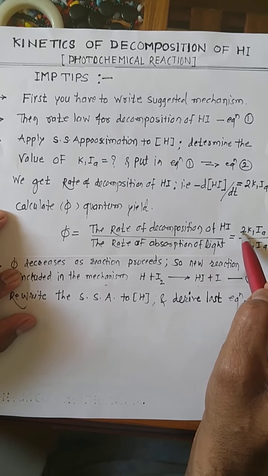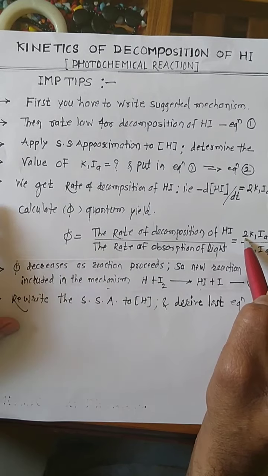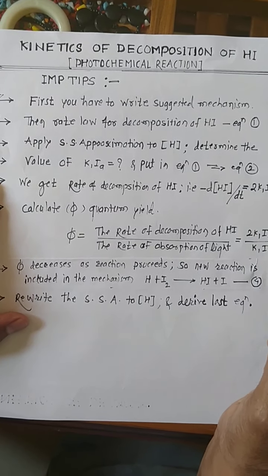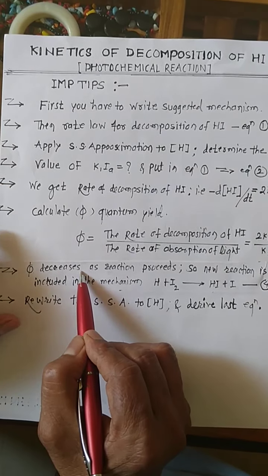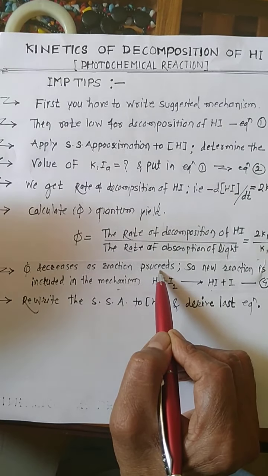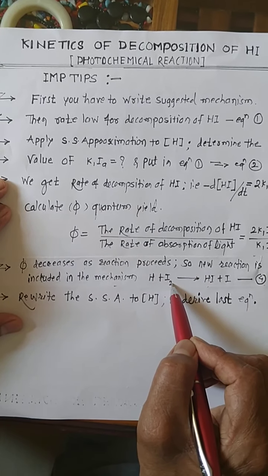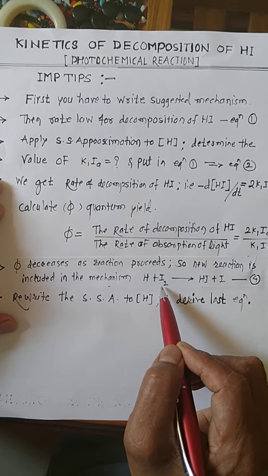K1 IA gets cancelled. Here the quantum yield is 2. This is too low. Quantum yield decreases as the reaction proceeds. It is due to the accumulation of iodine in the reaction.